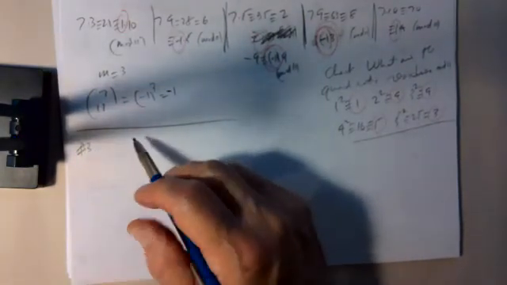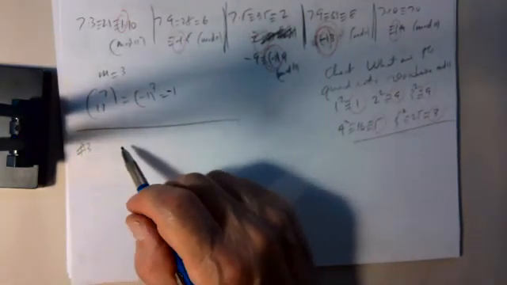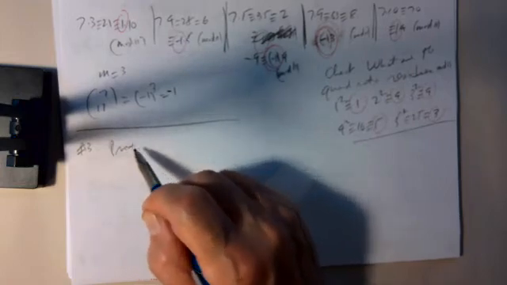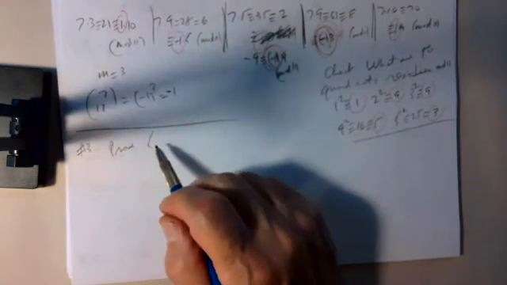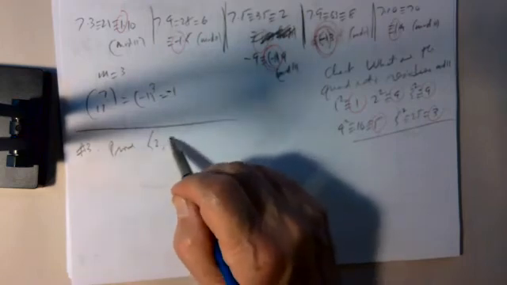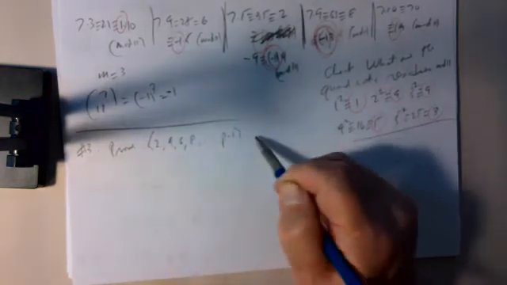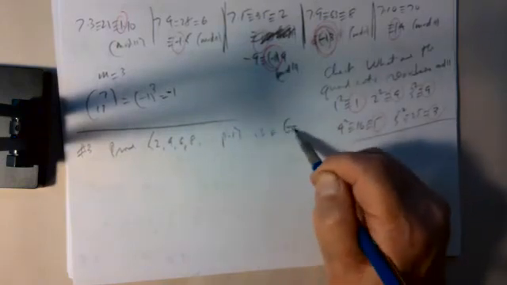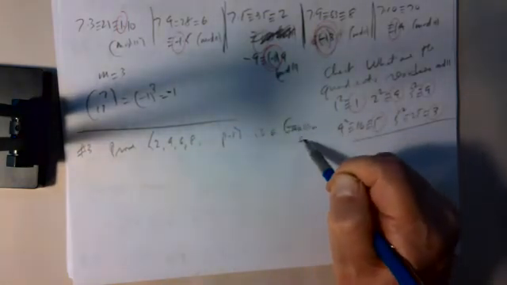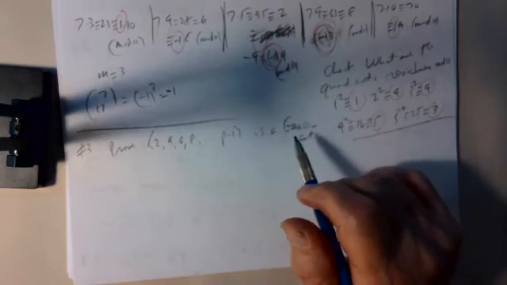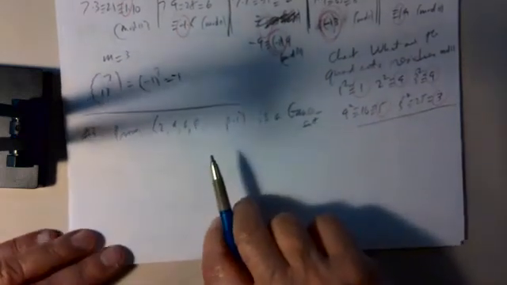Number 3 is, when you have an odd prime p, to prove that the set of all the even numbers, 2, 4, 6, 8, 10, and so forth, up to p-1, is a Gaussian set. So we could write this like this.